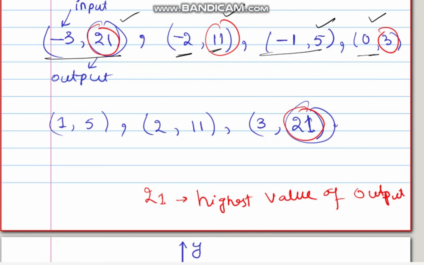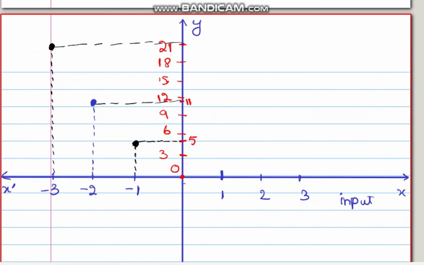X is equal to 0 and y is equal to 3. X is 0 here, and y is equal to 3 is here. It's very easy. I draw the fourth point here, because x is equal to 0 is here, and I am moving toward y is equal to 3. This will be the fourth point.